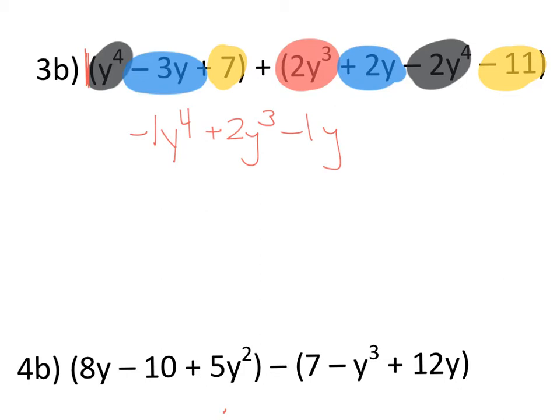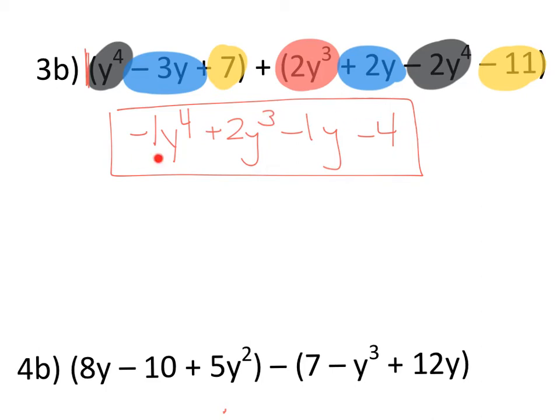So 7 minus 11 would be negative 4. Okay. Again, I've got it in standard form. 4, 3, a 1, no y. Okay, so standard form. This would be my leading coefficient, and this would be my degree. Again, I don't care if it's in order, as long as you got all 4 parts correct.